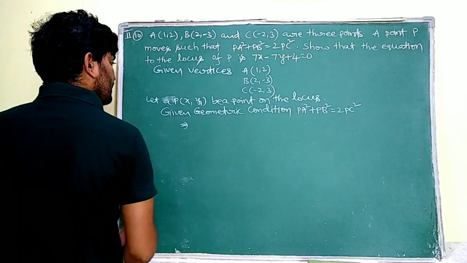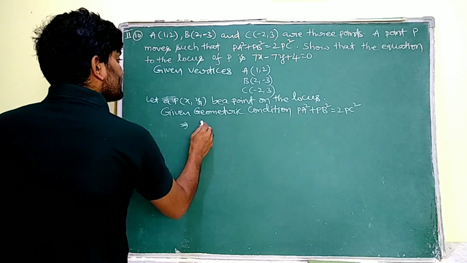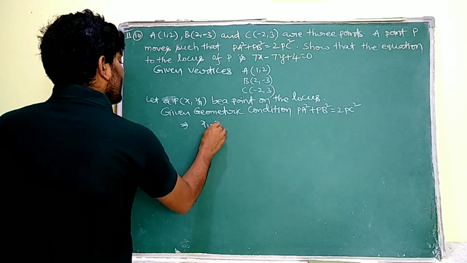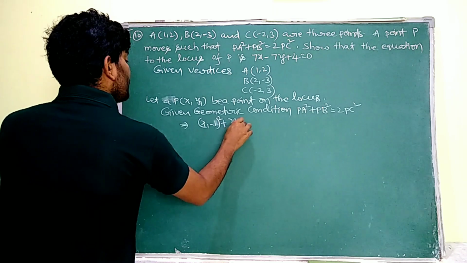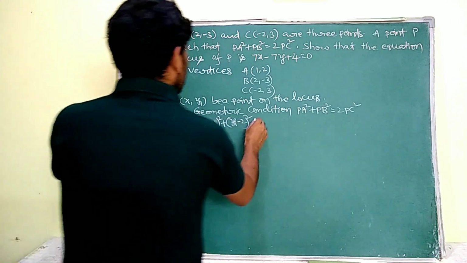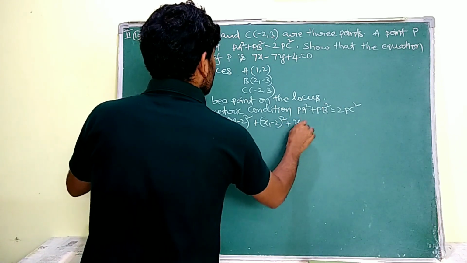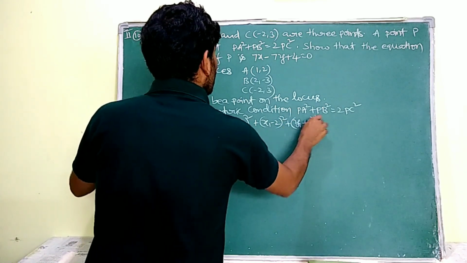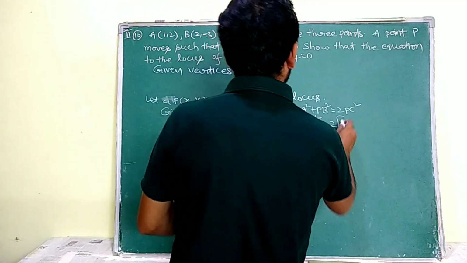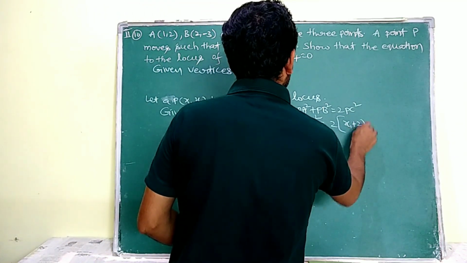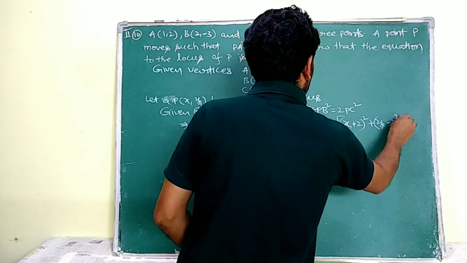Just we have to convert the geometric condition into algebraic condition by using the coordinate geometry formulas. (x1 minus 1) whole square plus (y1 minus 2) whole square plus (x1 minus 2) whole square plus (y1 plus 3) whole square is equal to 2 into (x1 plus 2) whole square plus (y1 minus 3) whole square.